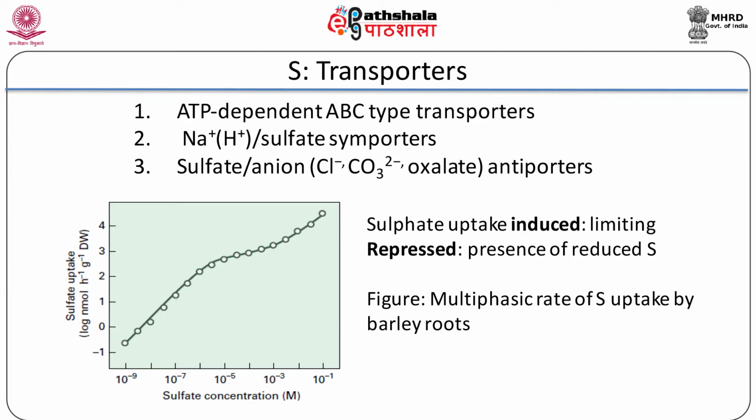The figure shows the multiphasic rate of sulfate uptake by barley roots when incubated with a range of sulfate concentrations. At low nitrite levels and the availability of carbohydrates, sulfate uptake is repressed.